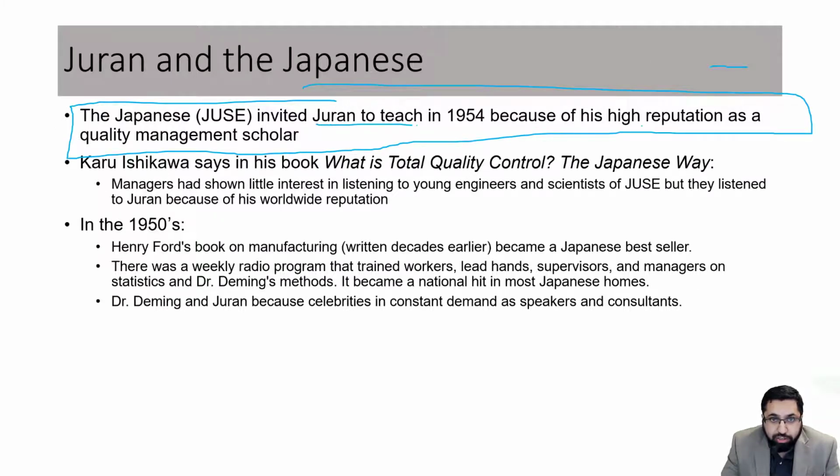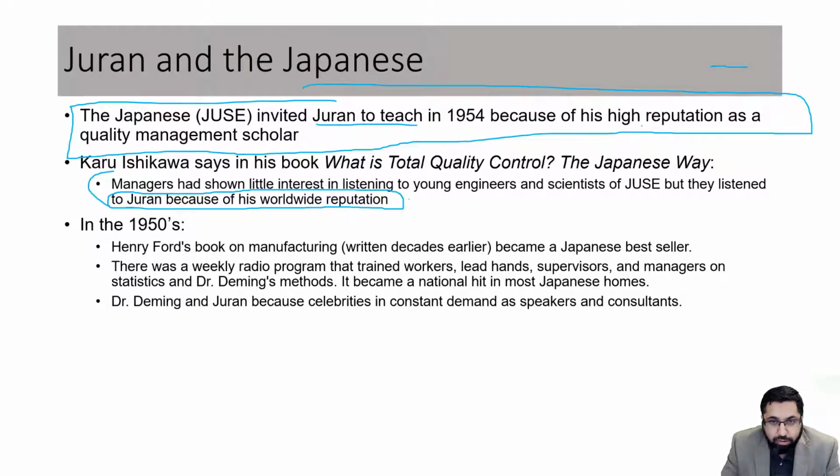And so they also invited Juran to teach. Juran had a strong reputation globally, and he was known to be one of the top quality gurus. So people were willing to listen to him in Japan.